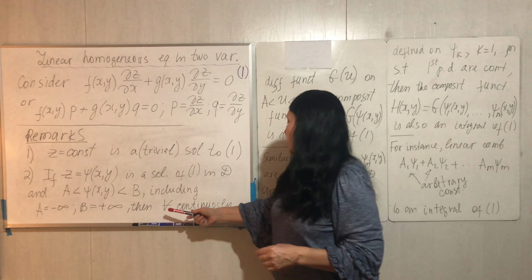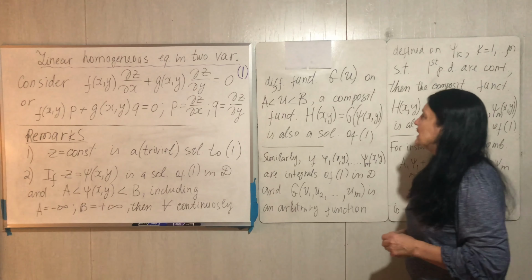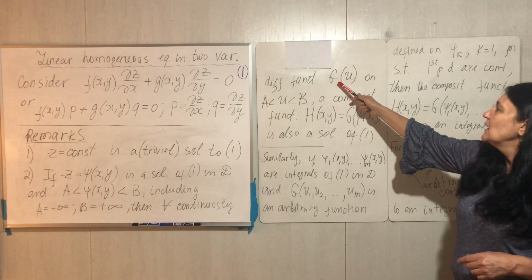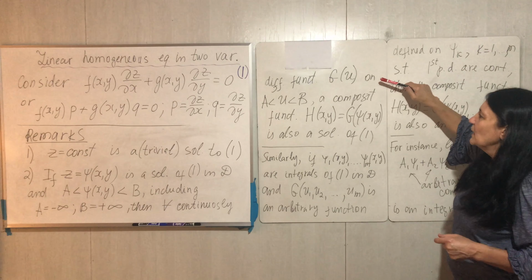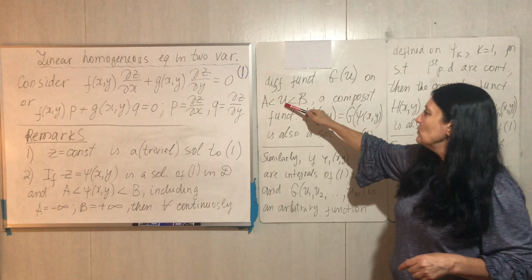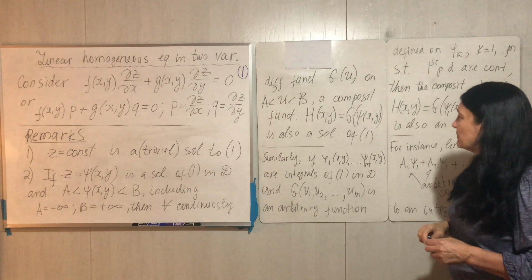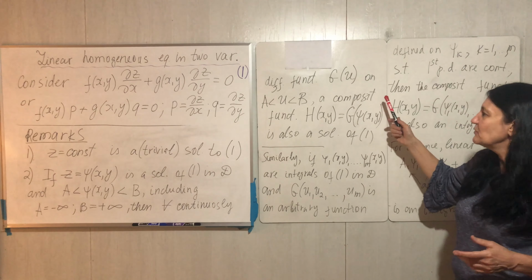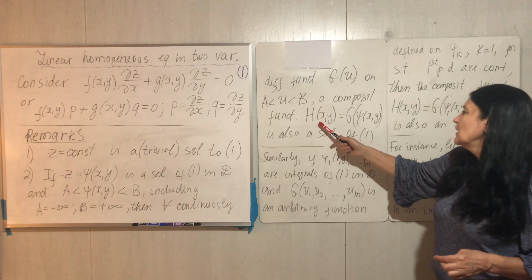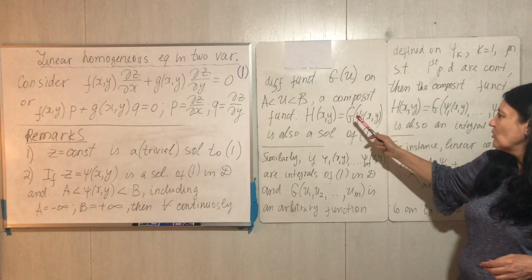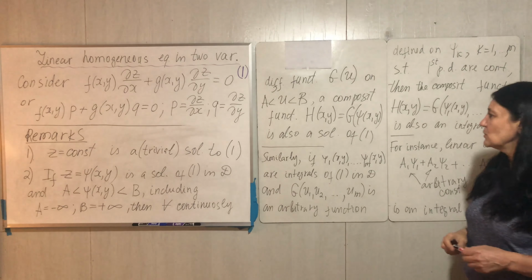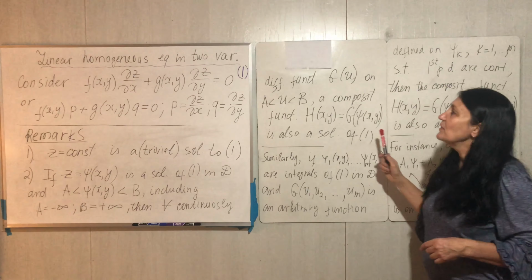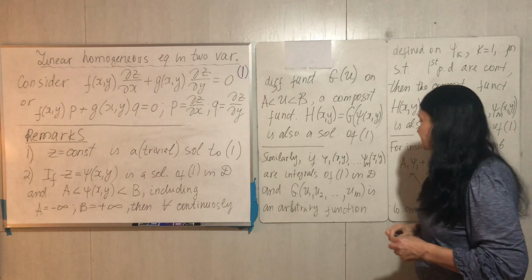Then for any continuously differentiable function g, depending on parameter u, on the interval where u runs between a and b, a composite function h, which is g of psi of x, y, is also a solution, also an integral of equation 1.